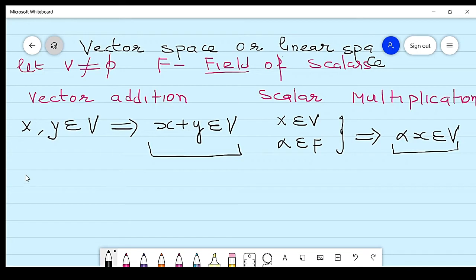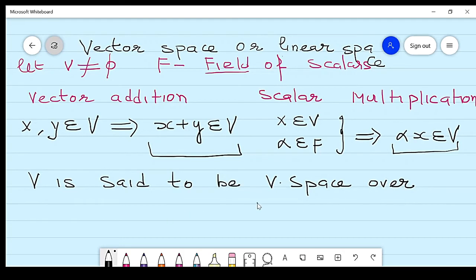Then V is said to be a vector space over field F. F is a field.